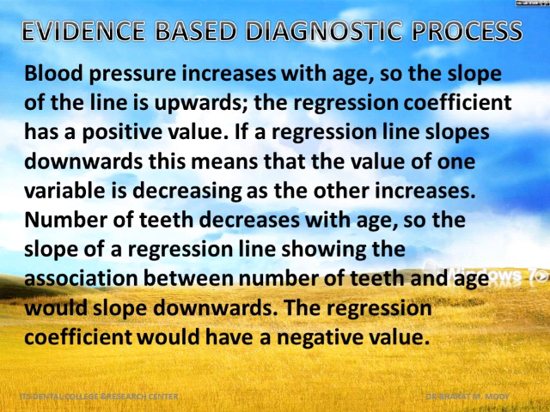If the regression line slopes downward, that means the value of one variable is decreasing as the value of the other increases. For example, teeth: as the age grows, the number of teeth is lost. So that would be negative, and the regression coefficient would be a negative value.